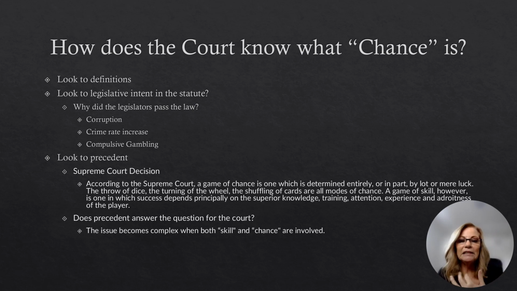Did the legislators implement this legislation because of corruption and crime rate increase and compulsive gambling? And did those things occur in horse racing? If so, the judges can use that in their decision when they interpret whether or not horse racing applies to gambling. Let's look. Other thing we can do is look to precedent.